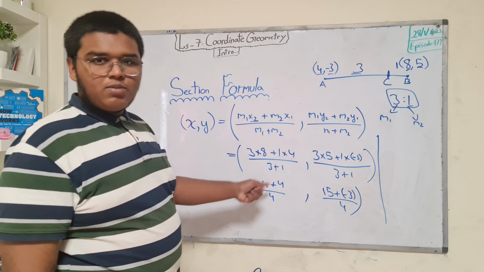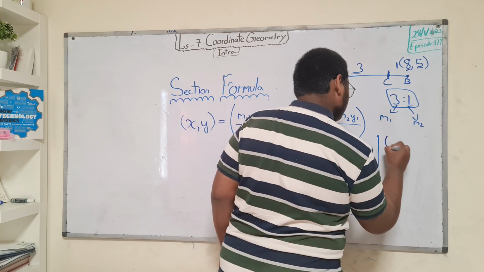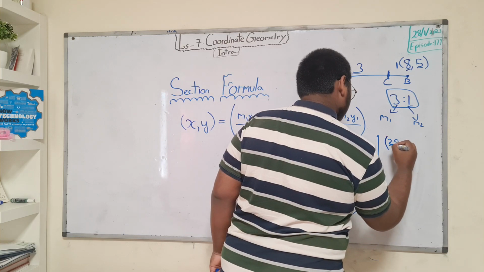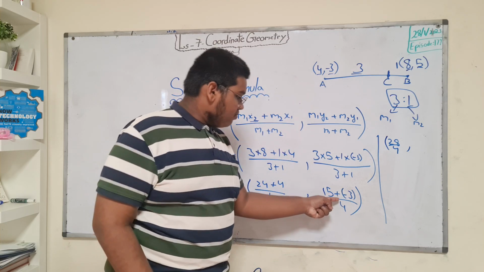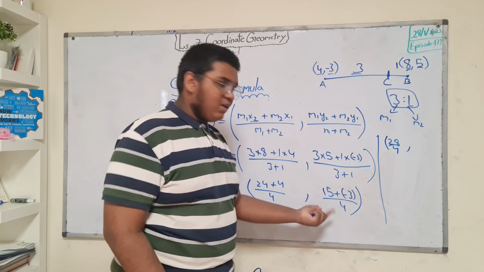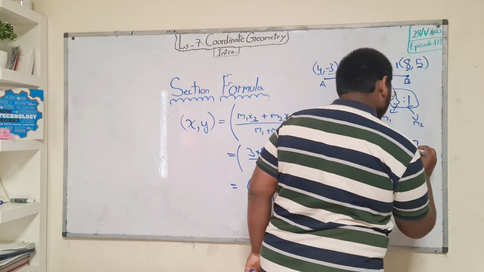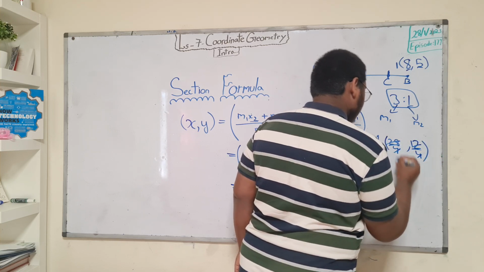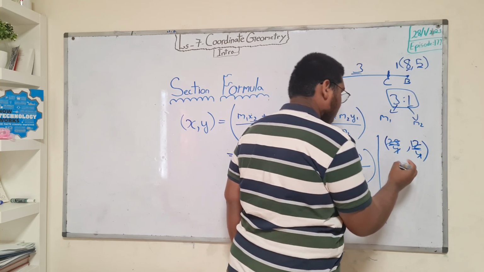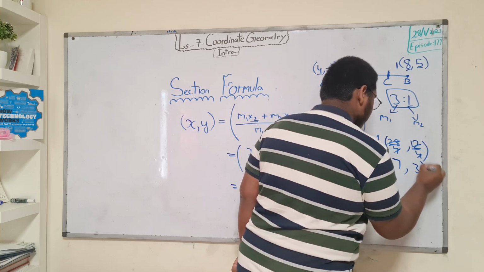So 24 plus 4 will be 28, divided by 4. And 15 plus minus: plus into minus will be minus, right? So 15 minus 3 will be 12. So 12 divided by 4. Now we can cancel each of them. 28 divided by 4 will be 7, and 12 divided by 4 will be 3.